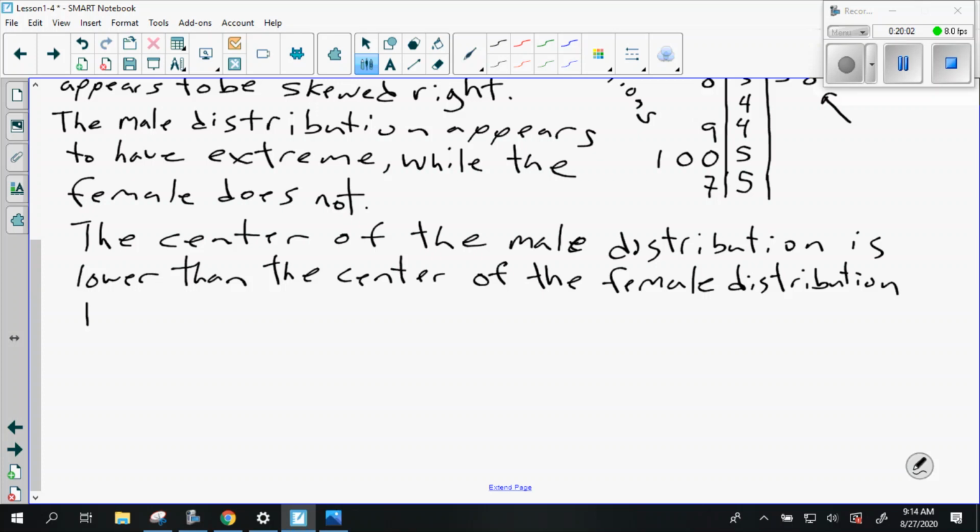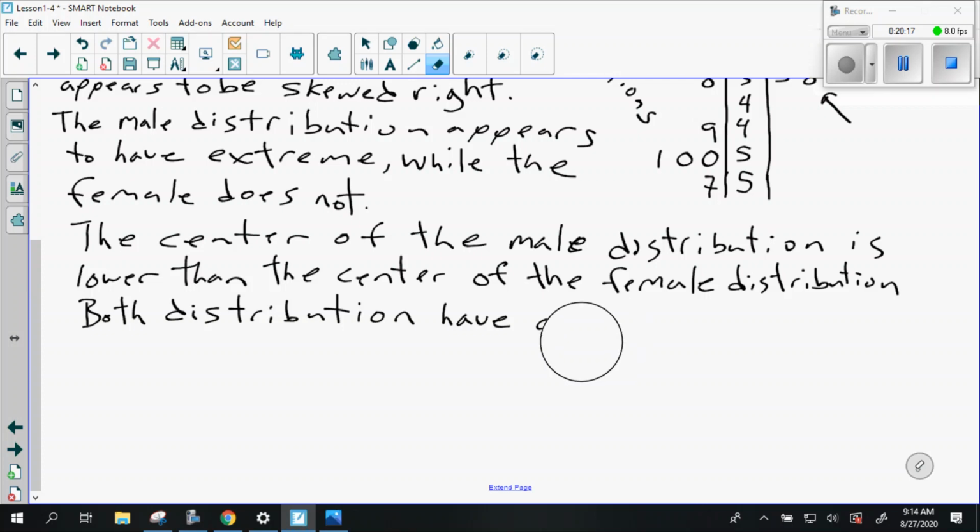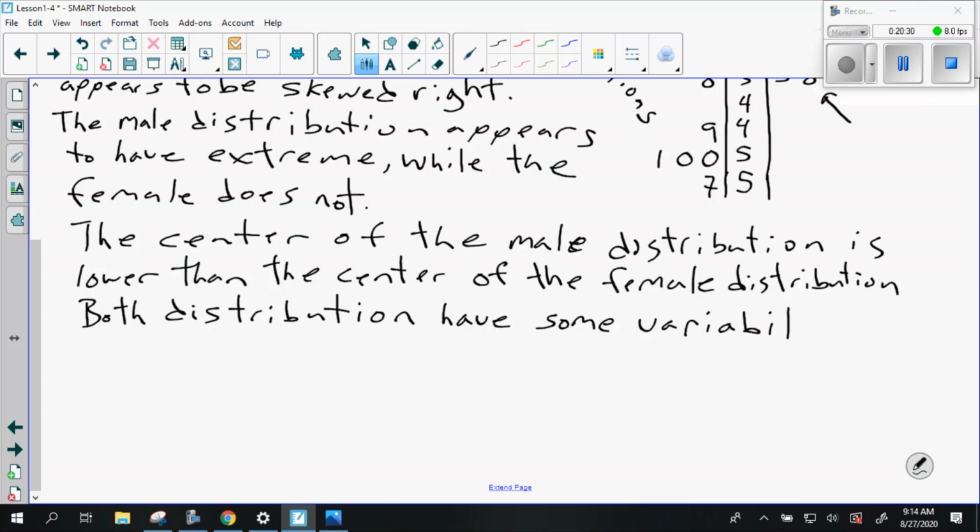Maybe not a high amount, have some variability. If I could spell ability.